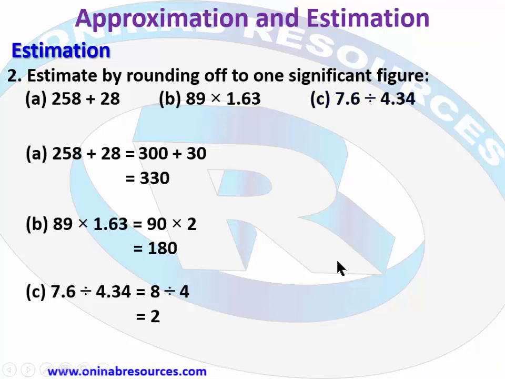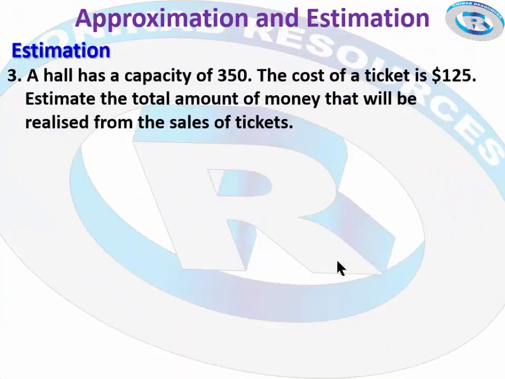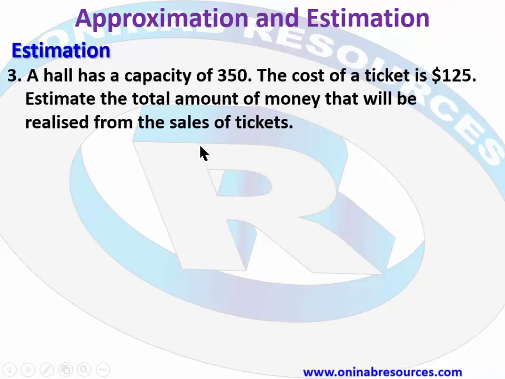We then go to problem 3. For problem 3, a hall has a capacity of 350. That is to say, the hall can accommodate 350 audience. The cost of a ticket is $125. Estimate the total amount of money that will be raised from the sales of tickets.